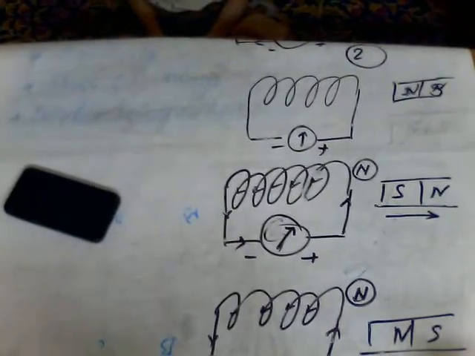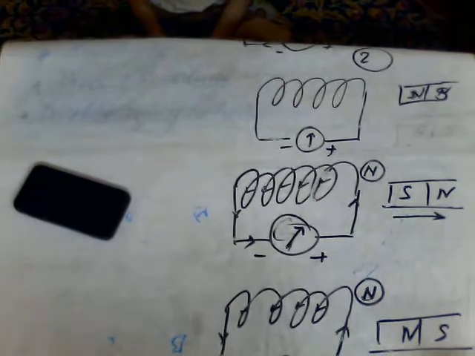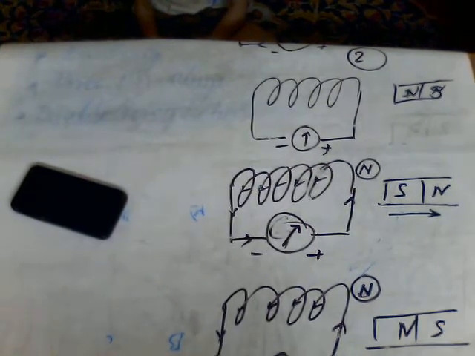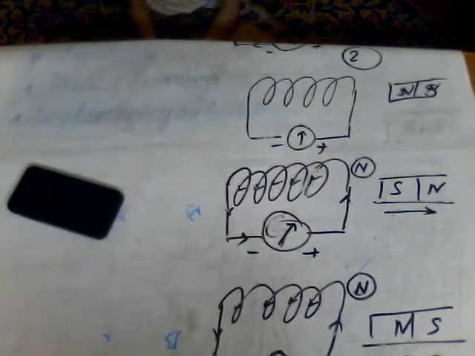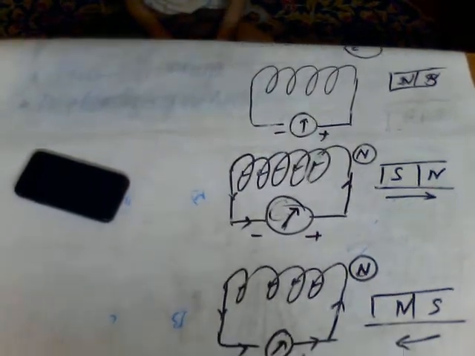In both cases, whether it is the north pole or the south pole, if there is no relative motion between the solenoid and the bar magnet, no flux will be changed. The flux can be changed only if we move either the solenoid or the magnet.